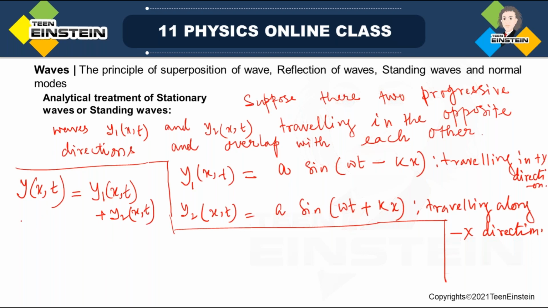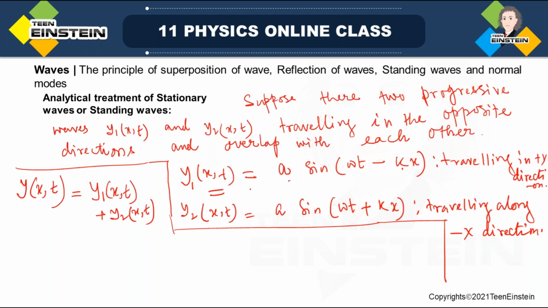Here y1 is the displacement of the medium when a traveling wave is traveling through the medium with this frequency, propagation constant k, and amplitude A.